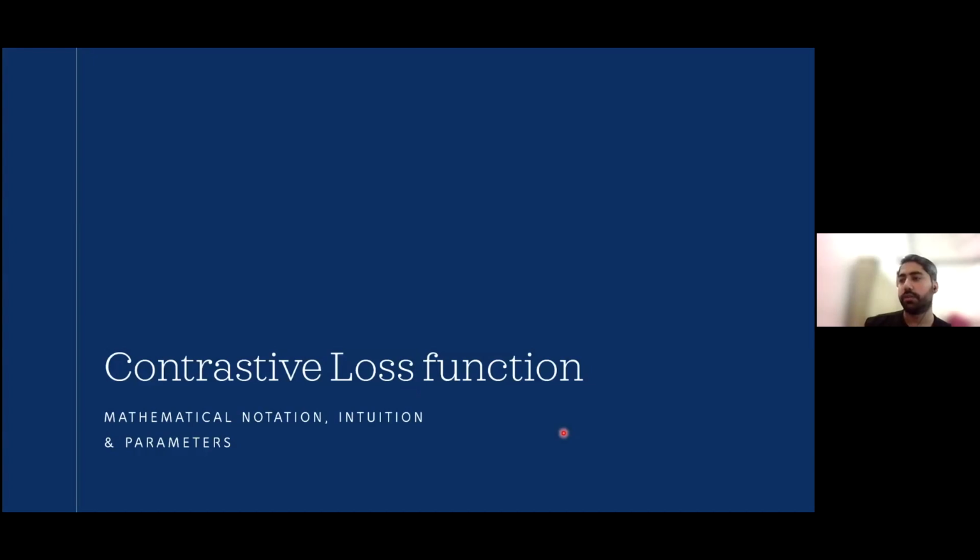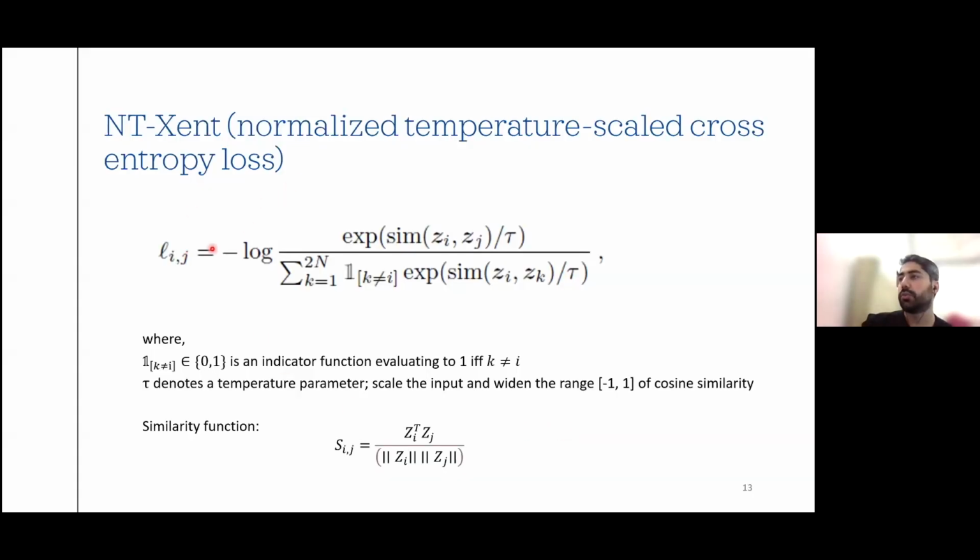Okay, so what is the contrastive loss function? They used a standard cost function, which is the negative log of the exponential similarity between one augmented view and another augmented view, divided by the temperature parameter, which is used to scale the input and widen the range of cosine similarity.